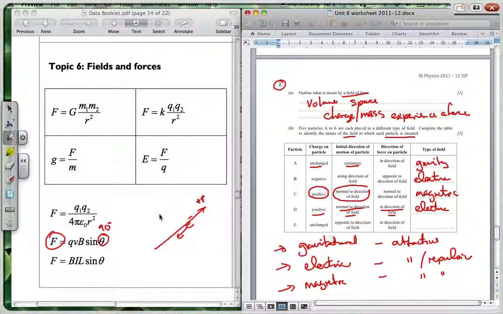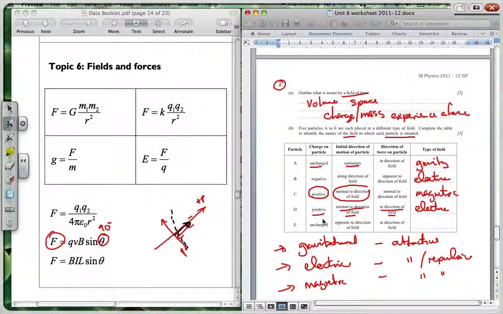You may have a positive particle going across the field line like that, but still the force will be in this direction. The particle would obviously curve, but the force is always in the same direction as the electric field.